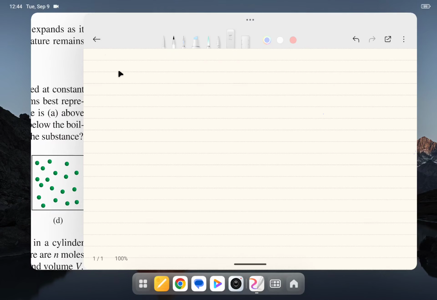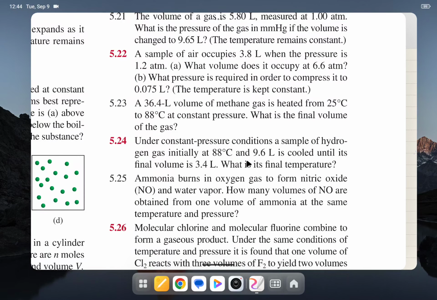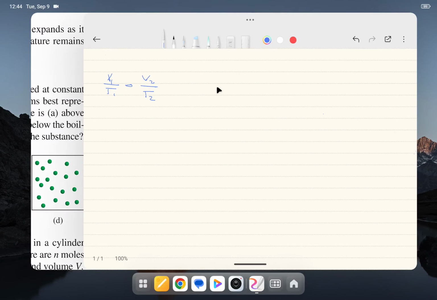Charles' law says that your volume is directly proportional to your temperature, or you can say that V1 over T1 is equal to V2 over T2. For your first condition you have a V1 of 9.6 liters, and your temperature is 88 degrees Celsius.